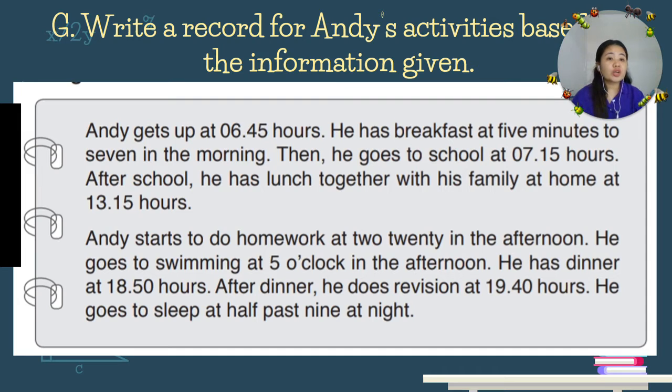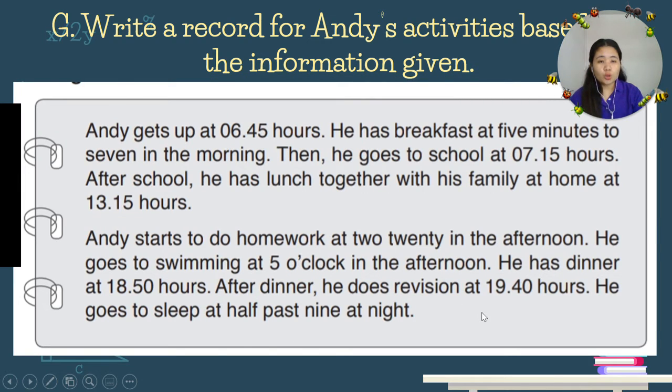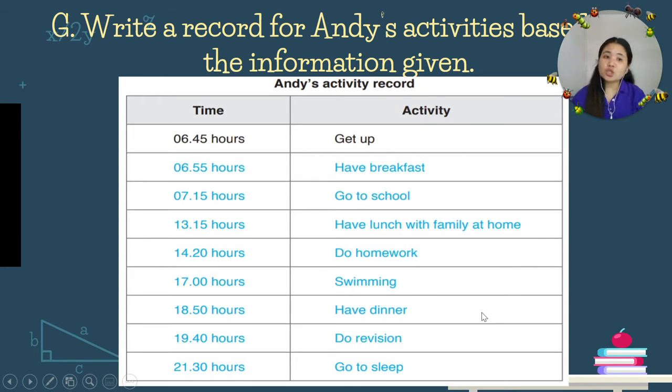But this is a 24-hour system, so for the 9, you have to add 12. So 9 plus 12 will be 21:30 hours. What did he do? Go to sleep. So that is the complete answer of Andy's activity record. We read the information, we get the time, then we get the activity. Very good, everyone.